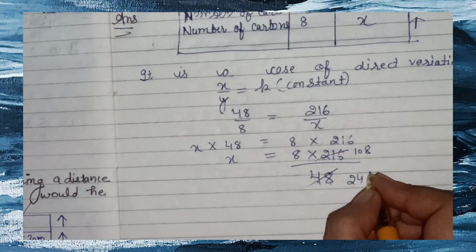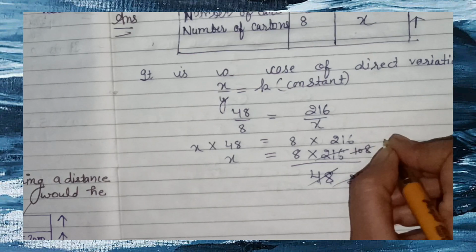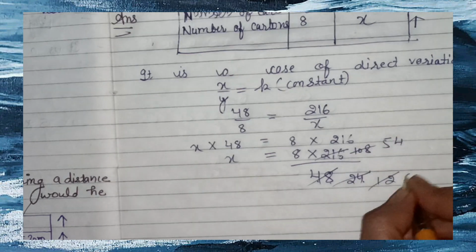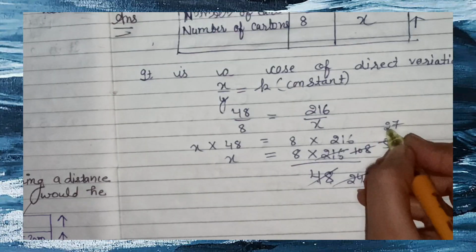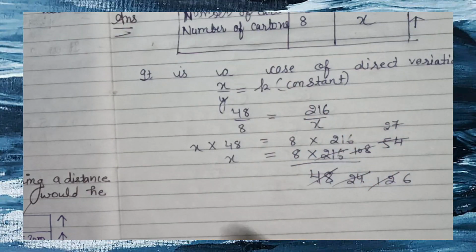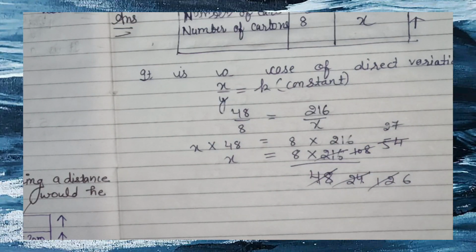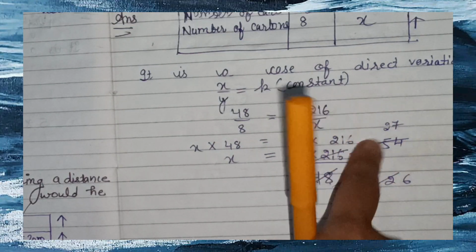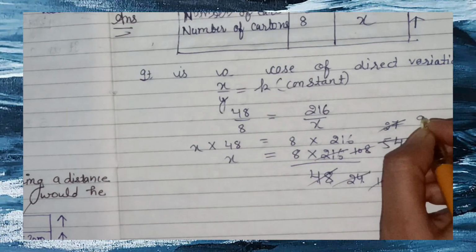Again divisible by 2: 2 1s are 2, 2 2s are 4, 2 5s are 10, 2 4s are 8, 2 6s are 12, 2 2s are 4, 2 7s are 14. Then divisible by 3: 3 2s are 6, 3 9s are 27.